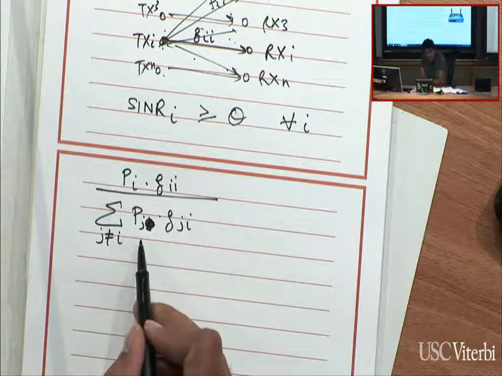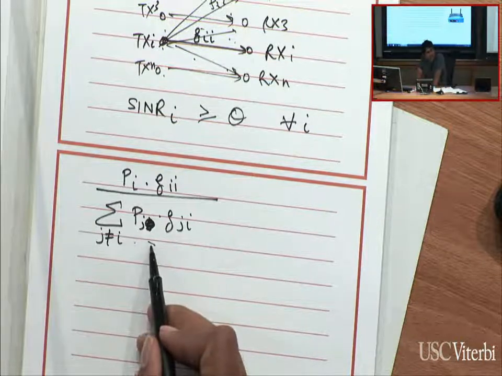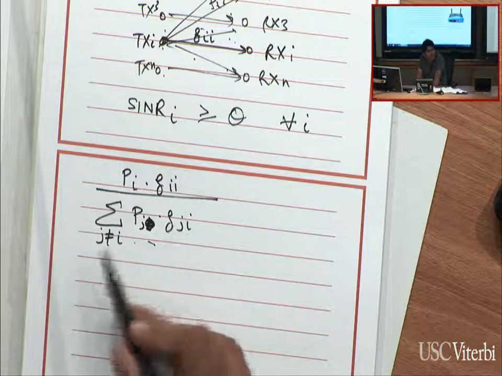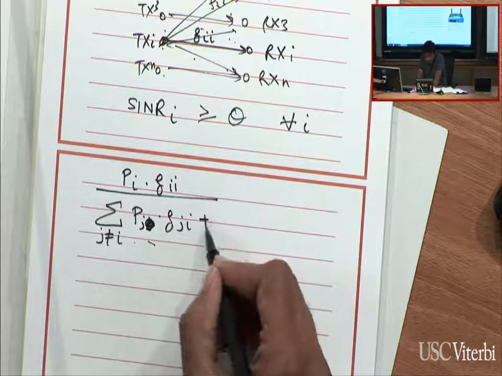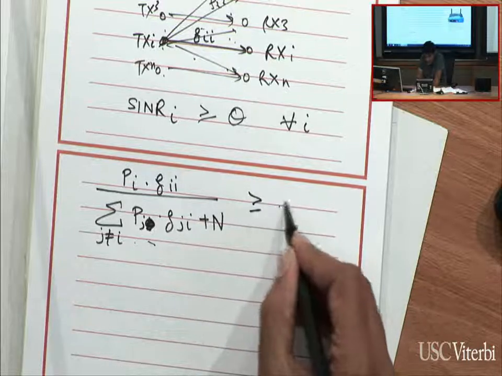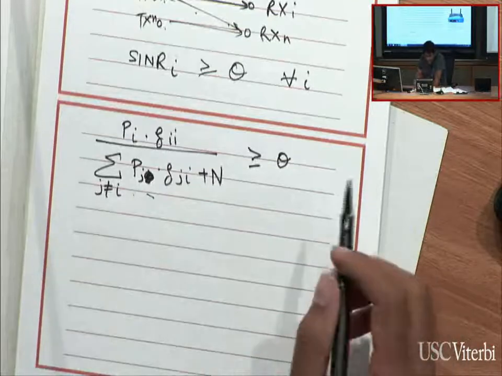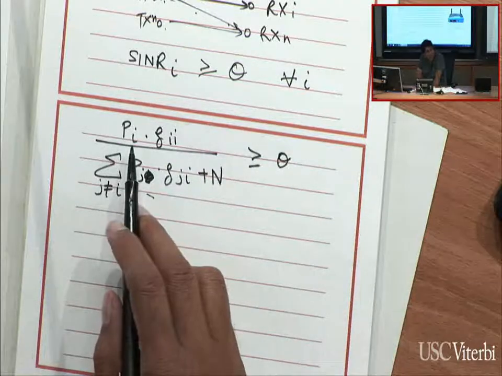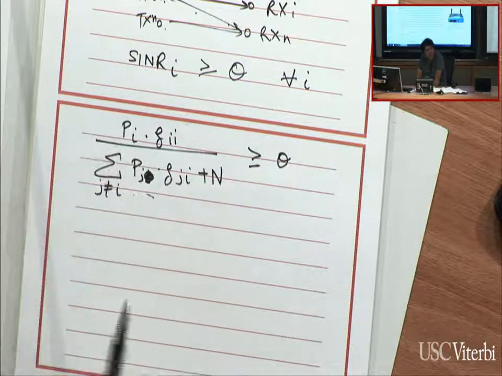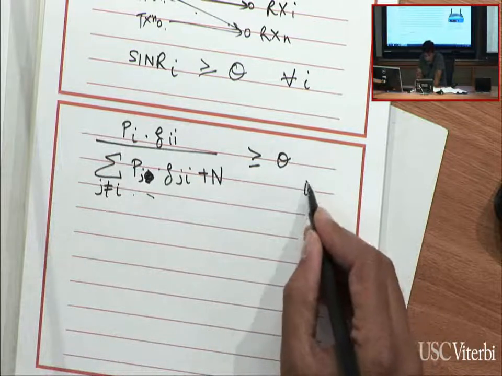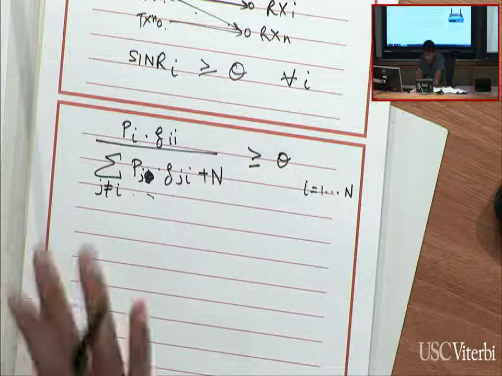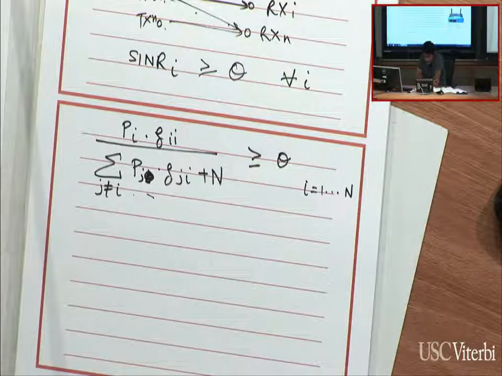This is every other transmitter and its cross gain to your receiver, so all of this is interference, plus the noise of the receiver, is greater than or equal to some theta. This is an equation for the ith receiver, but you have n such receivers, so there are n such inequalities.